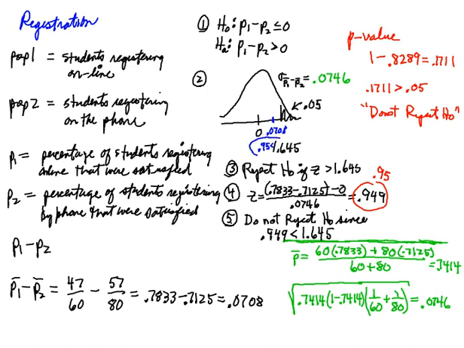So I know that 0.0708 is to the left of my decision line because of its location, it's closer to the center. There's only 0.95 standard units from the center out to it. My decision line is 1.645 standard units away from center. So just comparing the test statistic to the critical value, I know that I'm not far enough out. The evidence isn't strong enough to get the rejection.